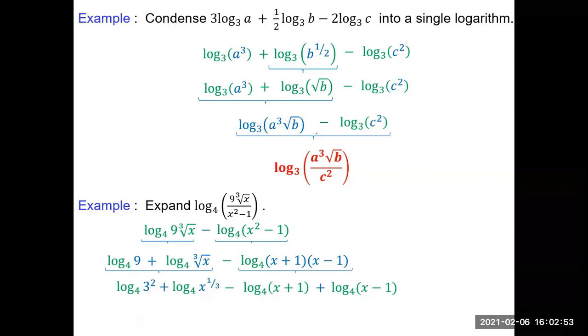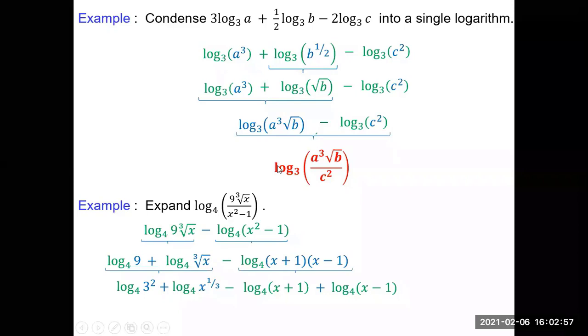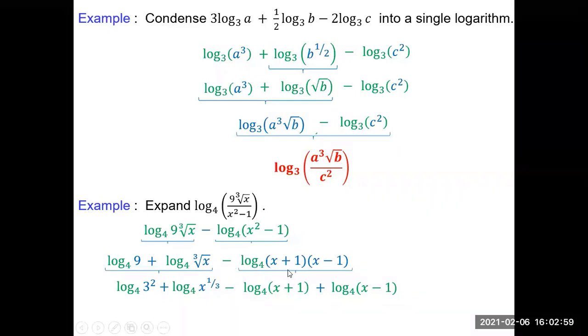But again, there's an issue. Since I'm subtracting the entire second logarithm here, then that means that I need to subtract the entire quantity, which needs to go in parentheses if I ever use the product rule after a subtraction. So now I can distribute the negative.